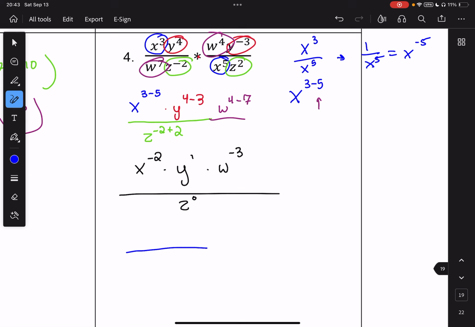So we get x to the positive 2. Y to the 1 is just y. W to the negative 3 we're going to put in the denominator. So we get w to the positive 3. And then z to the 0 is just 1. So we just leave it like this. And this is our final answer.